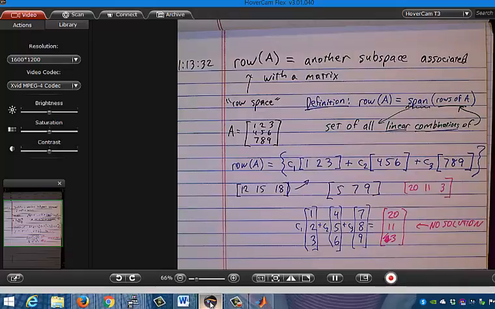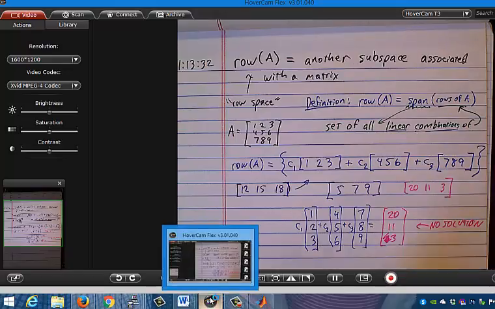And I kind of feel like I need to explain a little more before I can get to the answer to that question. Because all of a sudden I started working with A transpose, right? And there are some theorems in this section that kind of explain it. But let's hold off on that. Come back to it. If I haven't answered it by the end of class, I'm not doing my job, okay? Let me know.